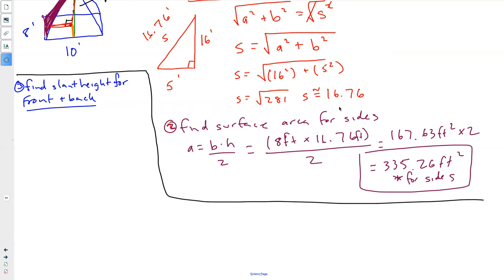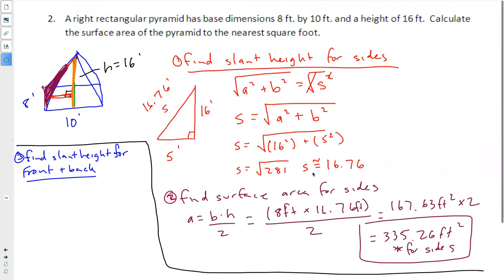And going vertically, up and down, we have 16 feet. So 4 feet there, going up we have 16 feet, and then going down is going to be the slant height for the front and the back. I'm going to use C here.